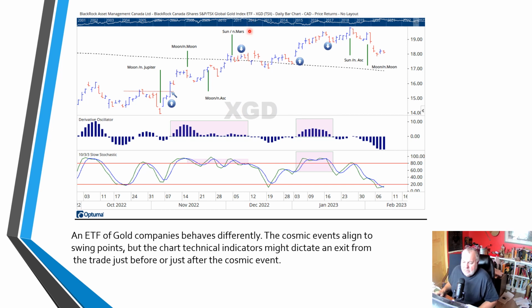Now, what I'm finding is the ETF will behave just a little bit differently than the actual gold futures. Why is that? Because a gold mining stock faces different amounts of, let's say, royalties that it has to pay in different jurisdictions around the world.